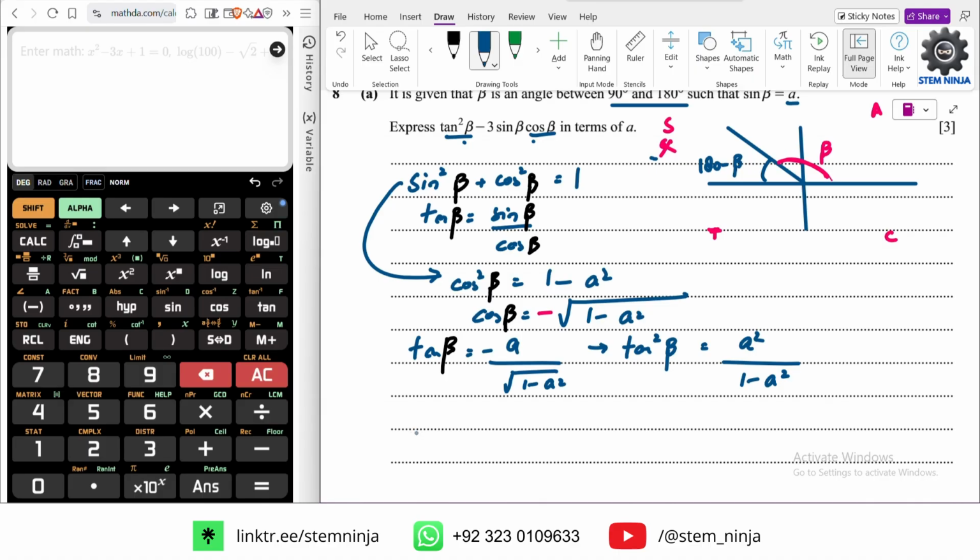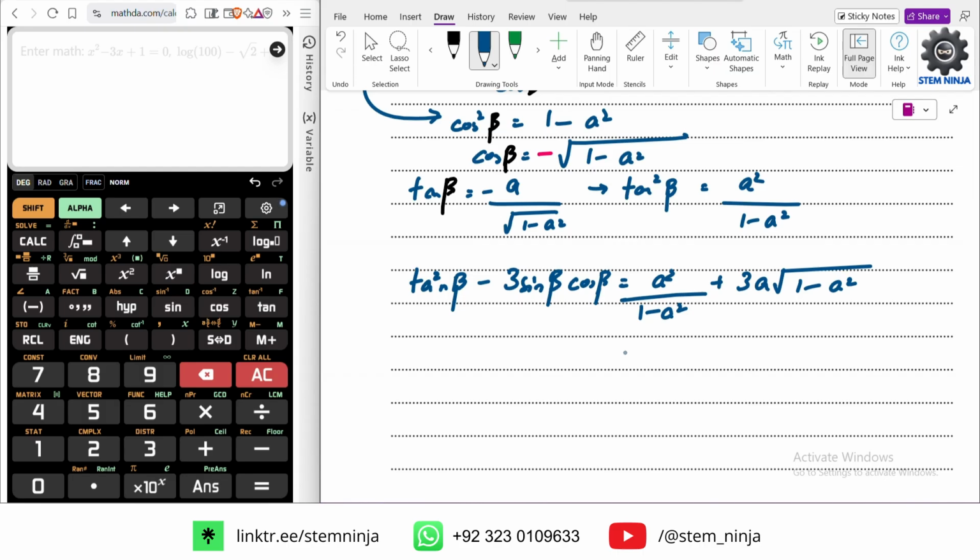Okay, so now tan squared beta minus 3 sine of beta cos of beta will be A squared over 1 minus A squared minus 3A times cos beta, which is the square root of 1 minus A squared, plus, because it's minus.